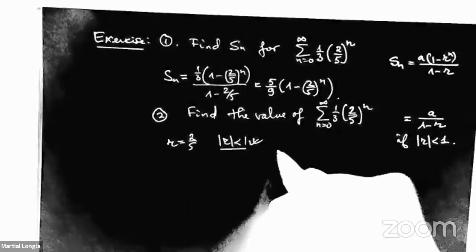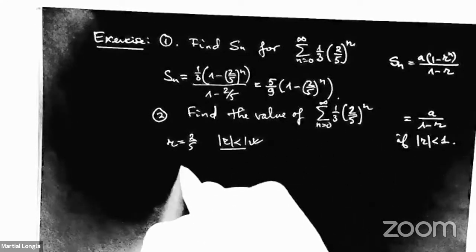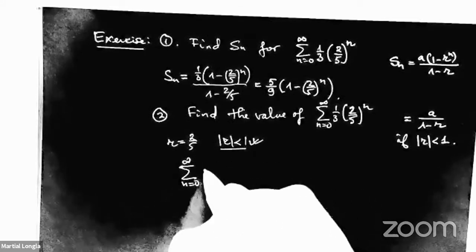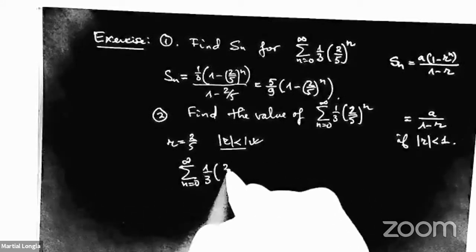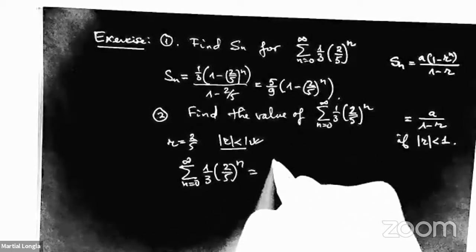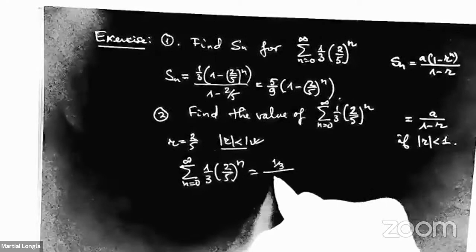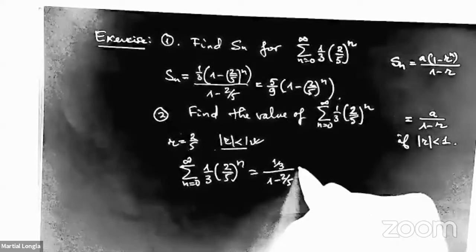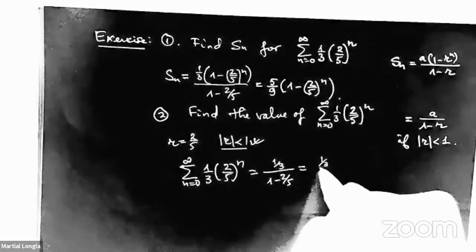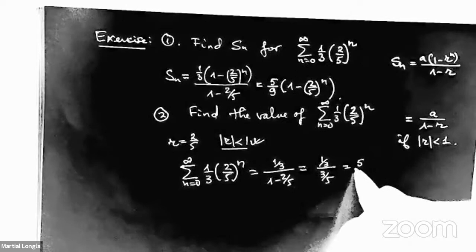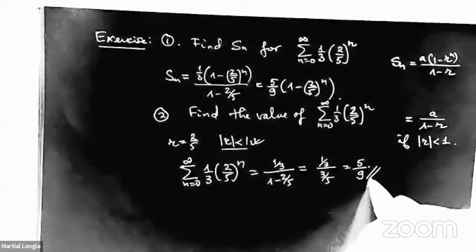Therefore, the sum from n equals 0 to infinity of 1/3 times (2/5) to the power n is equal to 1/3 over (1 minus 2/5). And this is equal to 1/3 over 3/5, which is 5/9.